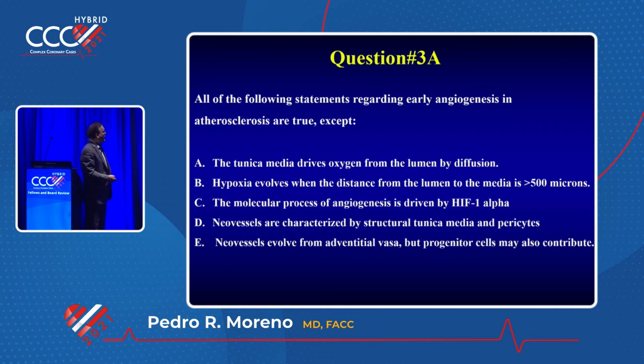The molecular process of angiogenesis is driven by hypoxia inducible factor 1 alpha. That sounds to be true. Huh? Let's put that aside. Neovessels are characterized by structural tunica media and pericytes. Neovessels evolve from adventitial vasa vasorum, but progenitor cells may also contribute.